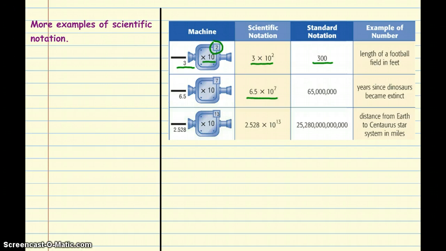This is 65 million. And we have 2.528 times 10 to the 13th. If we look closely, we will end up having 10 zeros: 3, 6, 9, 10. Because very shortly we're going to talk about how to convert from scientific notation into standard.